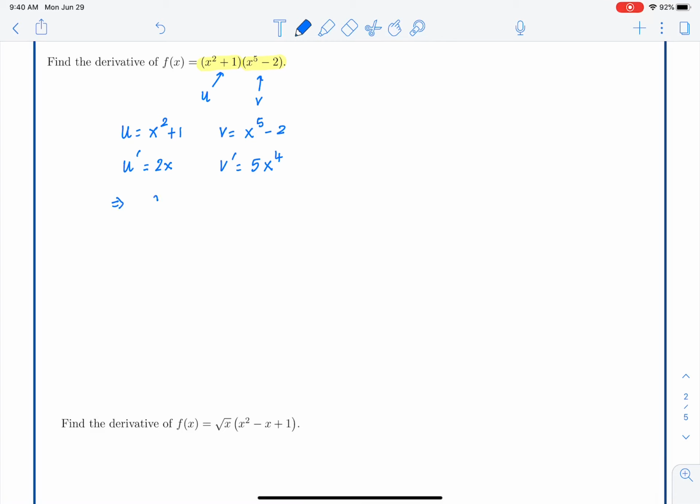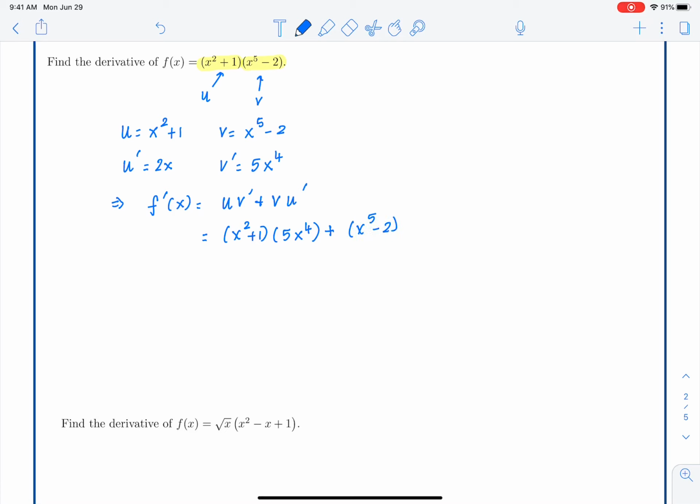So the derivative of the function is given by the formula u v prime plus v u prime. That is the rule. So we have x squared plus 1 multiplied by v prime, which is 5 times x raised 4.